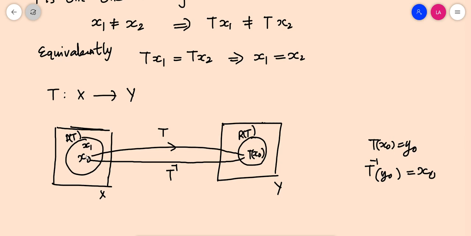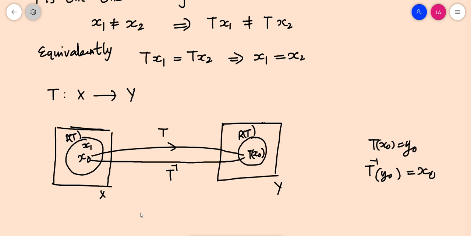So that's why whenever the linear operator is defined from D(T) to R(T), if it is one-one, we can clearly understand that it should have an inverse. If it is not one-one, we cannot say that the function possesses an inverse.